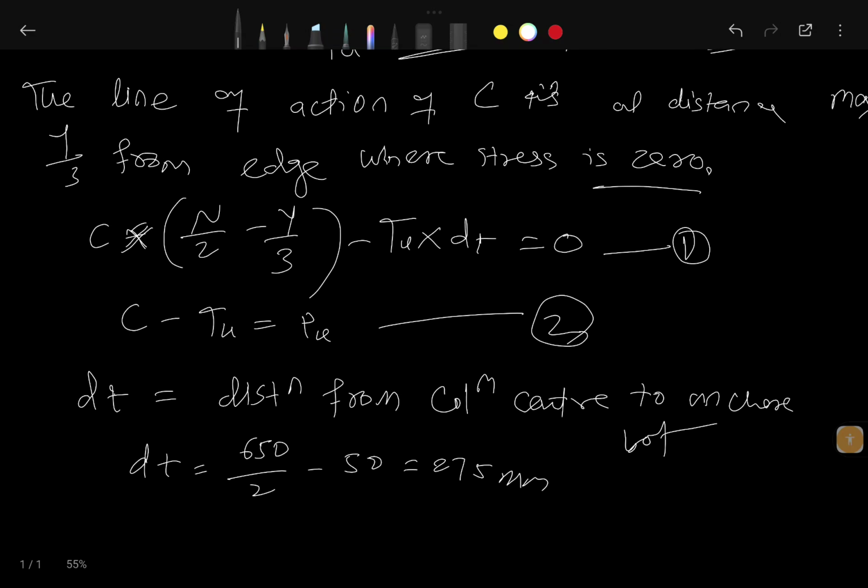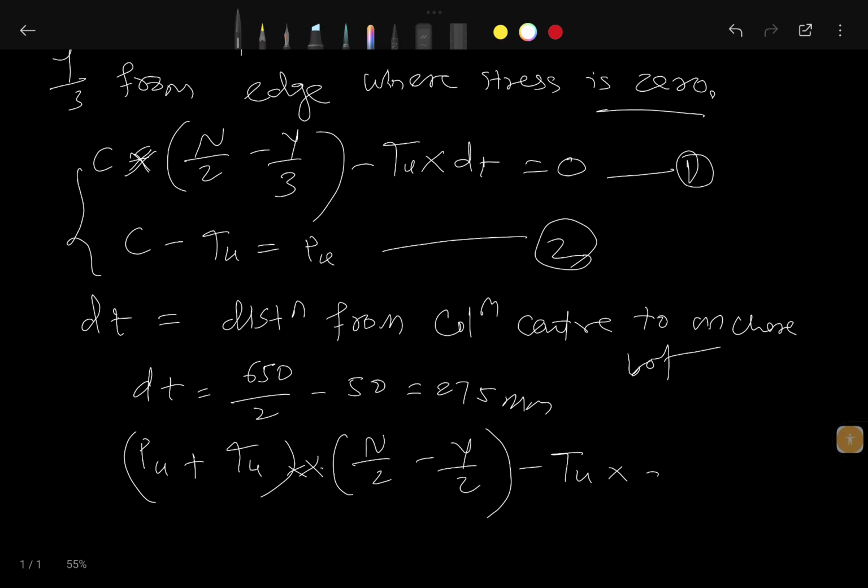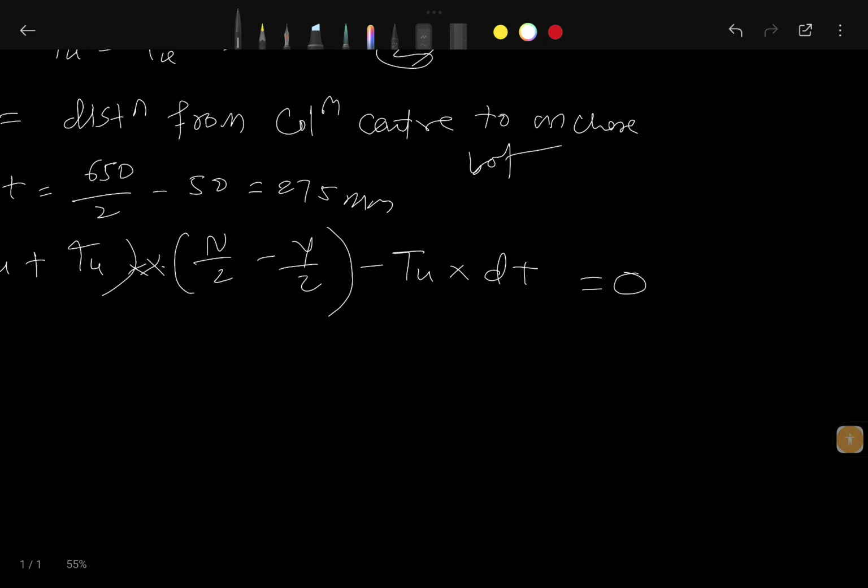Now if we substitute this equation, we get (Pu plus Tu) into (n by 2 minus y by 3) minus Tu into dt is equal to 0.